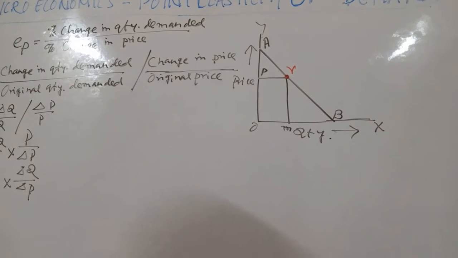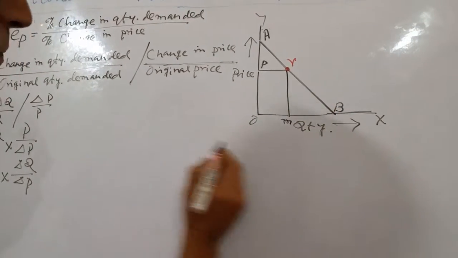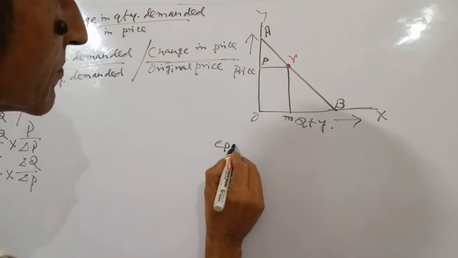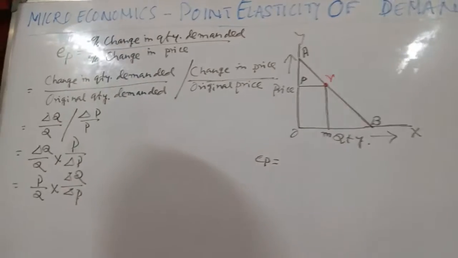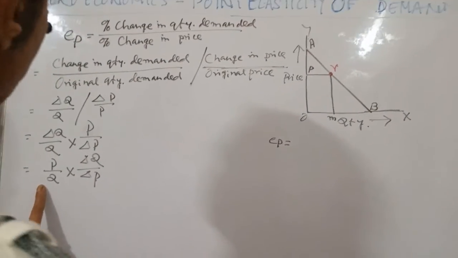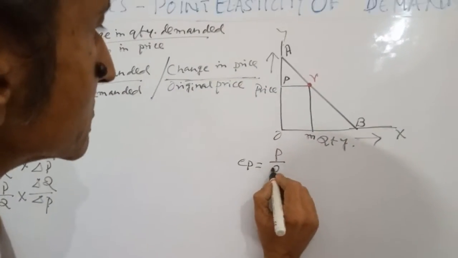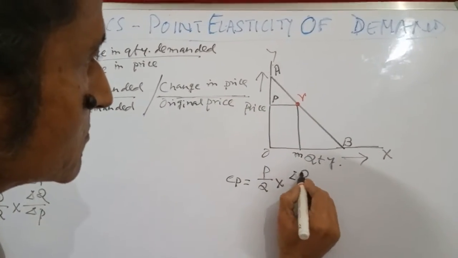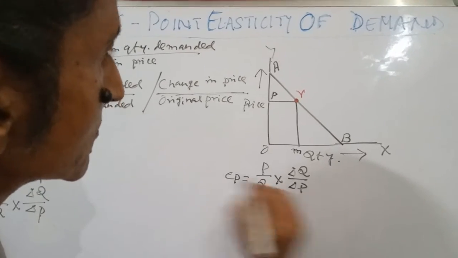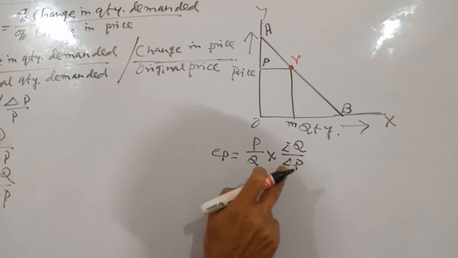Now, EP equals P by Q into delta Q by delta P. Right?